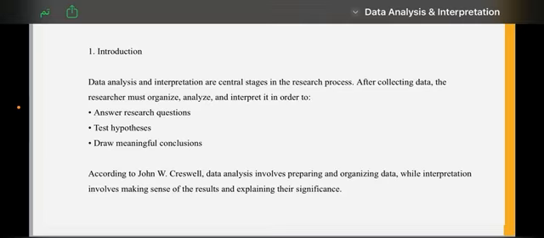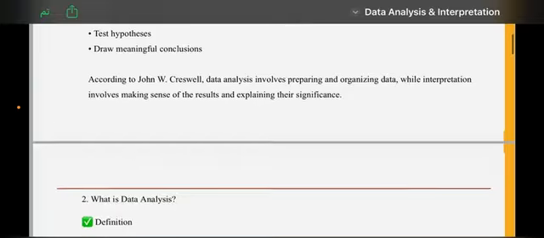So these processes play a crucial role in ensuring that researchers' findings are valid, reliable, and meaningful. Without proper analysis and interpretation, data remains uninformative and cannot contribute to knowledge or decision making.